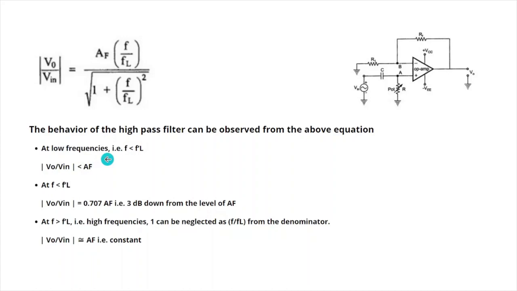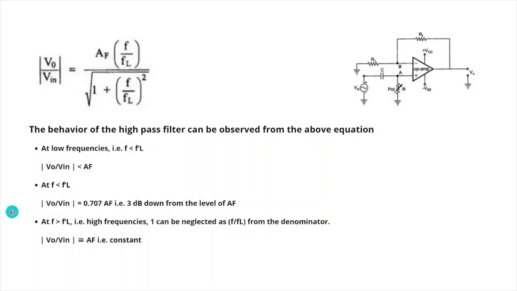If you are supplying a frequency lower than the cutoff frequency, the gain, Vo divided by Vin, will be less than AF. And when F is equal to the cutoff frequency, which means F equal to FL, we will have the gain equal to 0.707 times AF, that is 3 dB down from the level of AF.